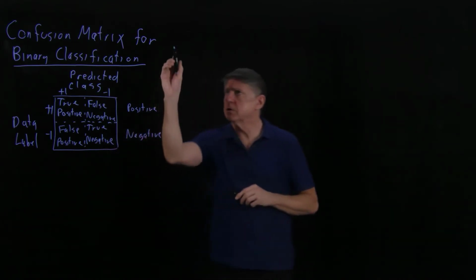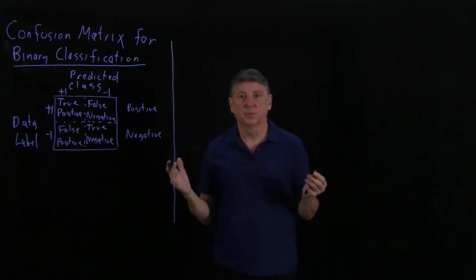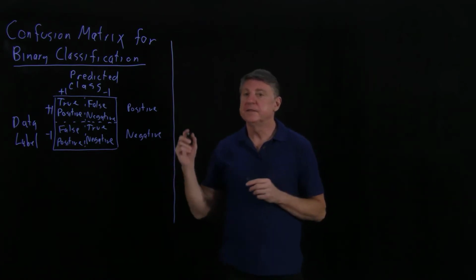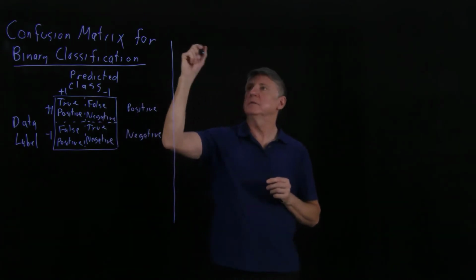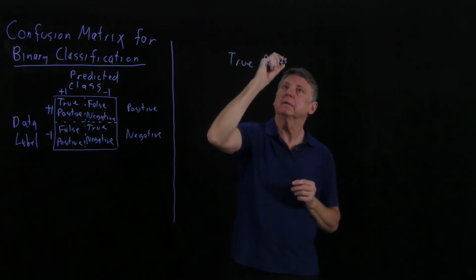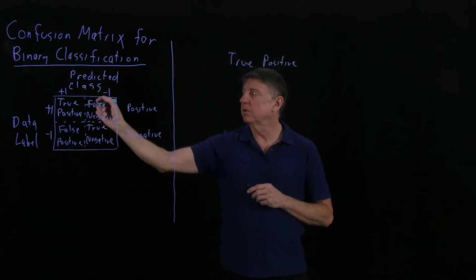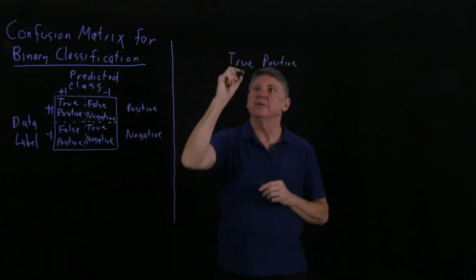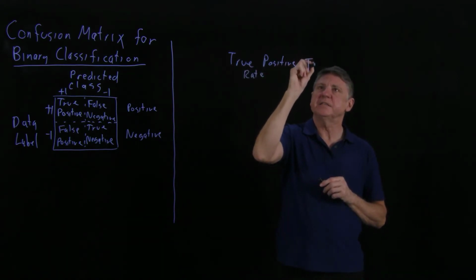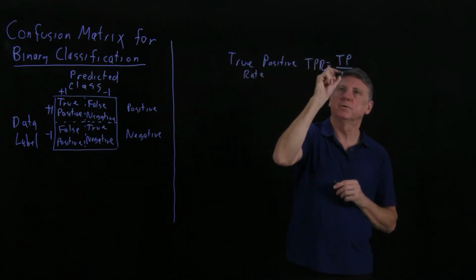Now, there are some common names for these terms that we'll use for the rest of this course, and you may find these useful to know. The true positive rate: the true positives are the number that's in that box for the confusion matrix. The true positive rate is written as TPR, and that is the true positives over the positives.